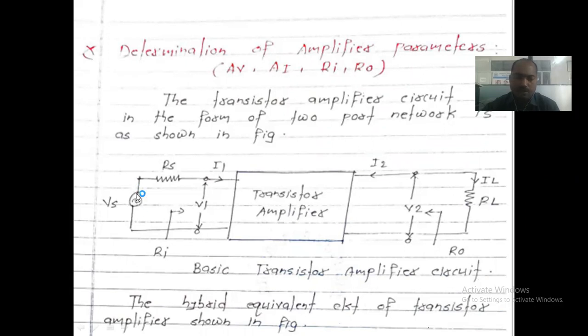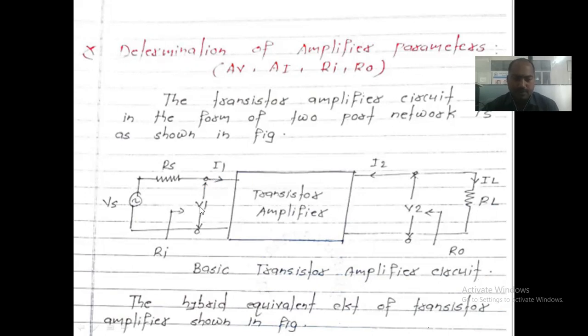Due to that voltage applied, there is an input impedance formed with respect to the device, that is called RI. Whatever voltage is applied has some resistance called the series resistance, RS. Due to that voltage applied, there is a voltage V1 and the current flowing through the device, that is I1, right?